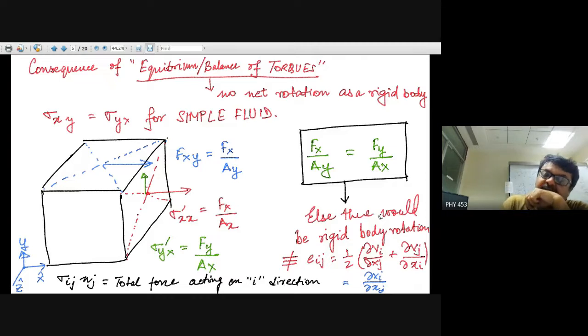And as I've repeated many times, viscous forces are related to the symmetric part of the stress tensor, which in general can be written as essentially Eij equals half of del Vi by del Xj plus del Vj by del Xi. So this is symmetric. If you interchange i and j, it remains the same. So that's basically the content of the slide.